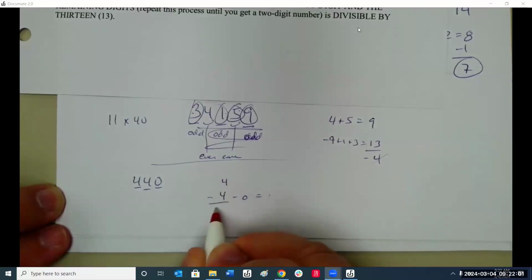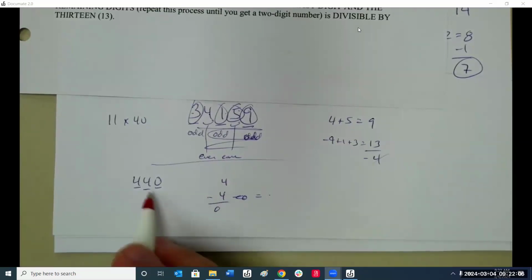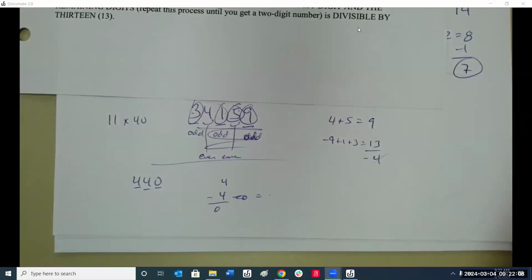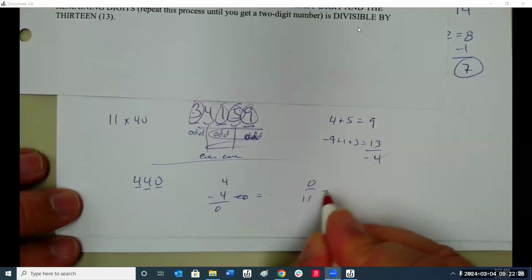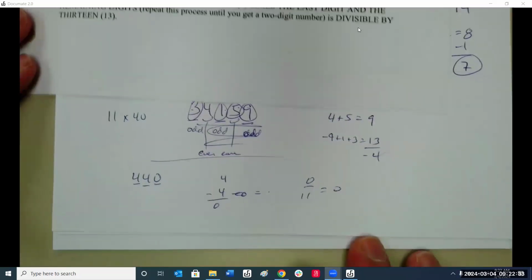So it's 4 minus 4 equals 0. That didn't work too well, even though we know it's divisible. The sum in the even spaces minus the sum of the digits in the odd spaces is divisible by 11. Well, 0 divided by 11 is 0. It's got no remainder. Let me look into that one again. I may have typed it wrong.